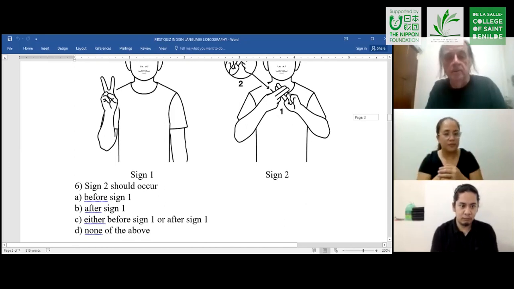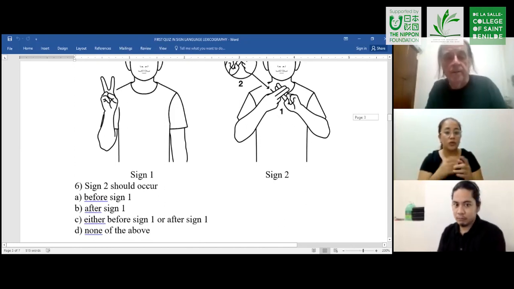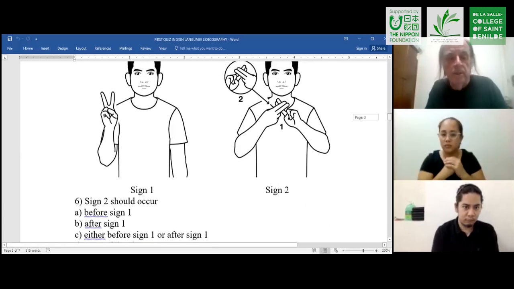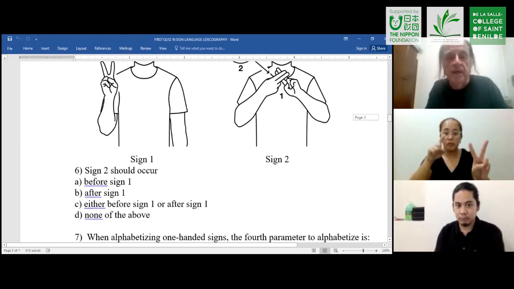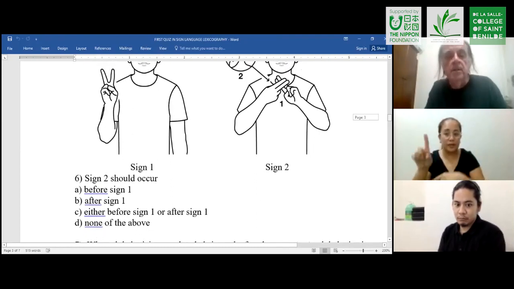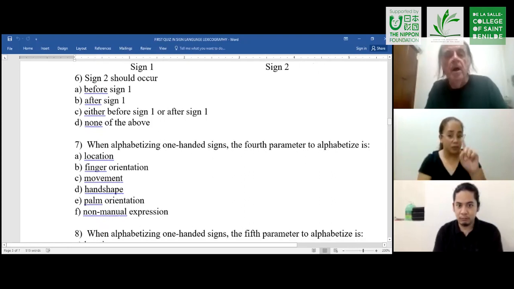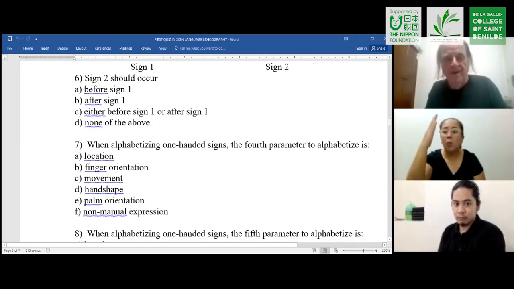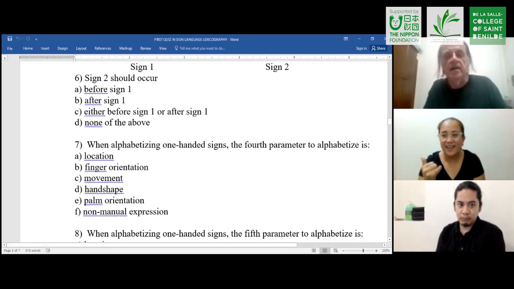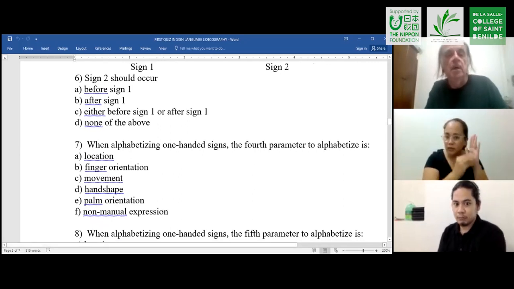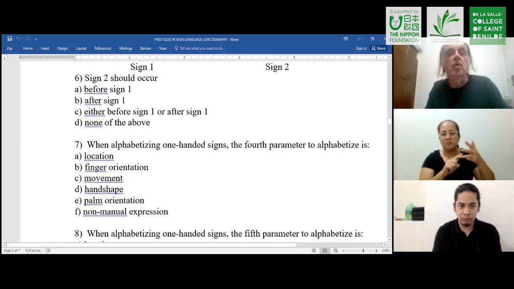The correct answer is A, sign 2 should occur before sign 1. Then the next question would be, why? And you would have choices like hand shape, palm orientation, location, movement, and one-handed sign versus two-handed sign.